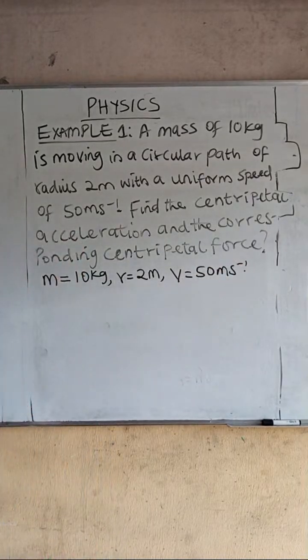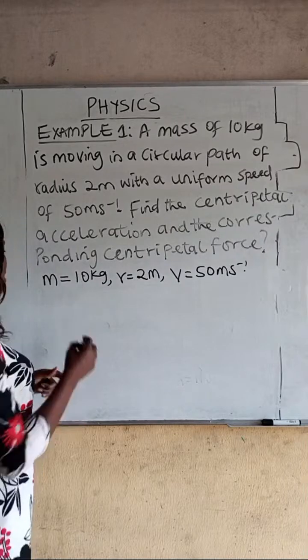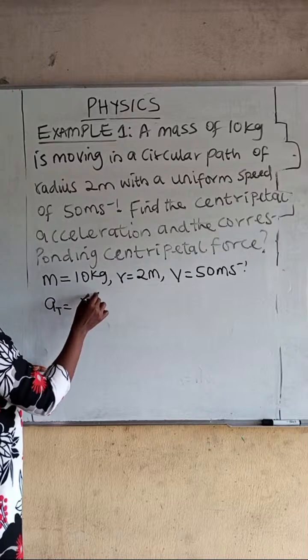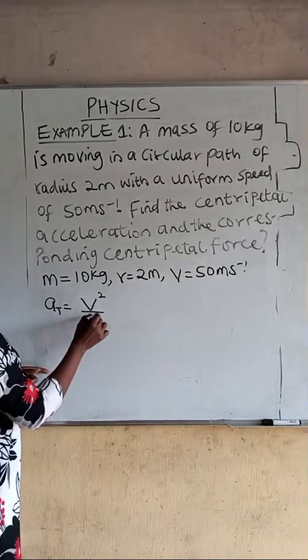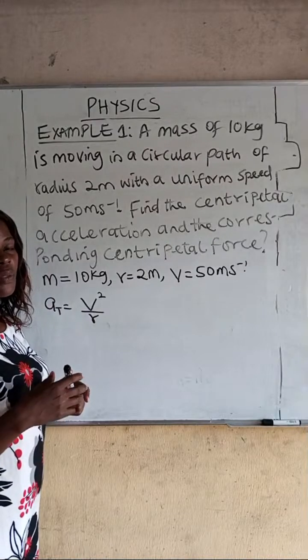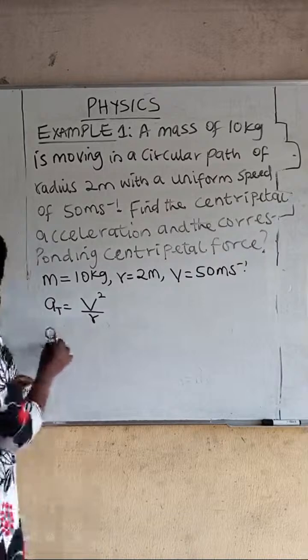The first thing we have to look for is the centripetal acceleration, and the formula for centripetal acceleration is v squared over r. I'm saying v times v, right? So I'll substitute the value.